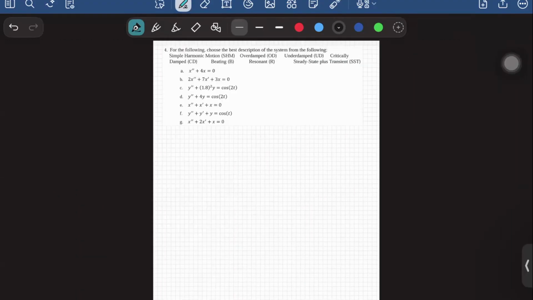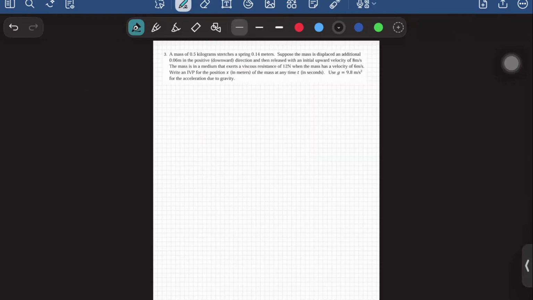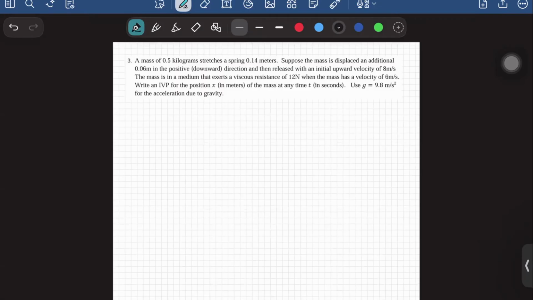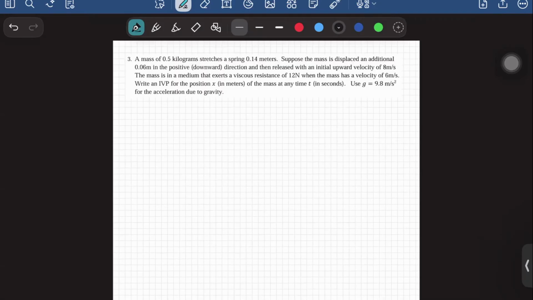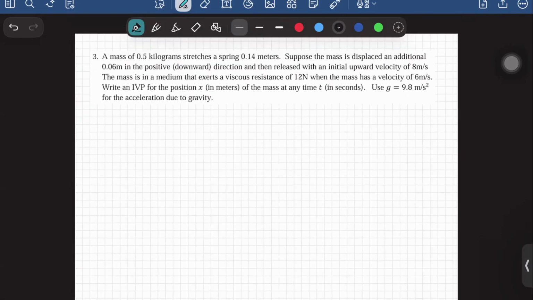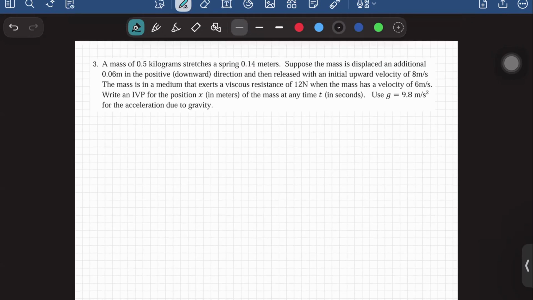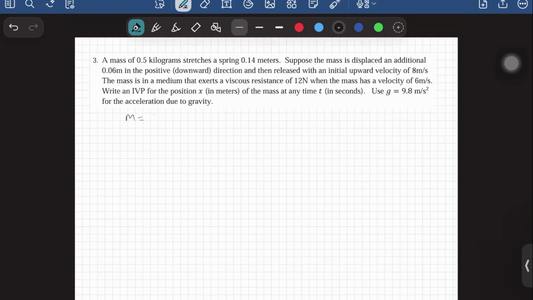And okay, so we're going over the next question, which states that a mass of 0.5 kilograms stretches a spring 0.14 meters. So what I'm going to do is write what is given to us. m is 0.5 kgs.